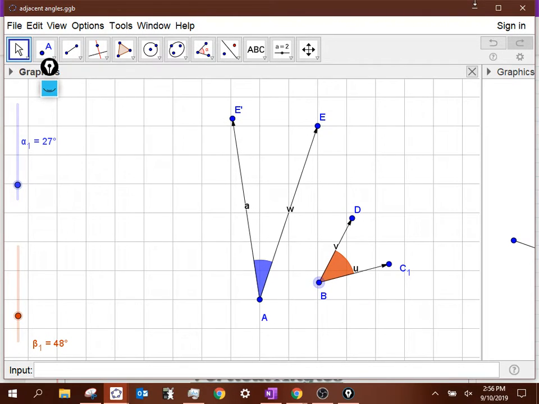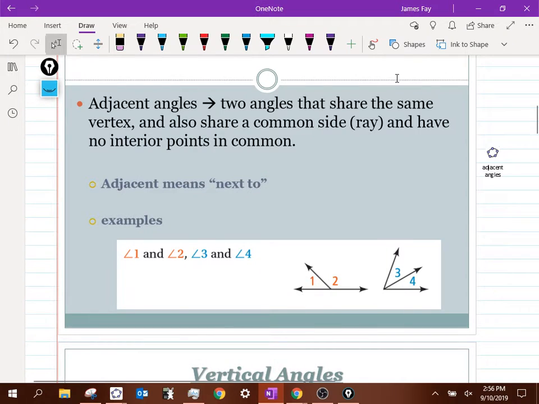Well, just saying that adjacent angles are angles that are next to each other is too vague in mathematics. It leaves it open to interpretation. So we have these 3 points of information that need to be satisfied. You have to have the same vertex. Having the same vertex meets the first piece of criteria for adjacent angles. You have to share a side, and then you have to have no interior points in common.